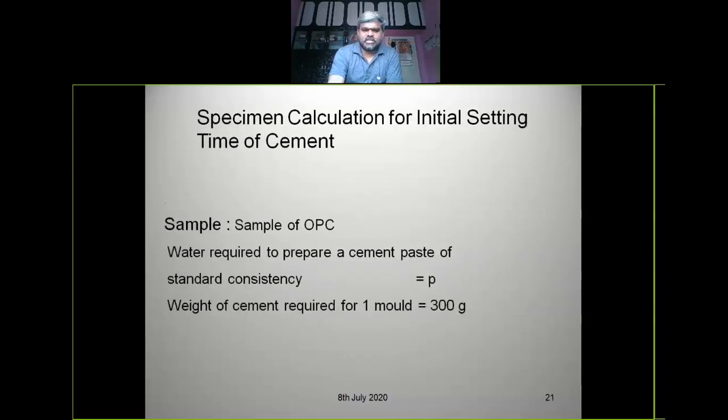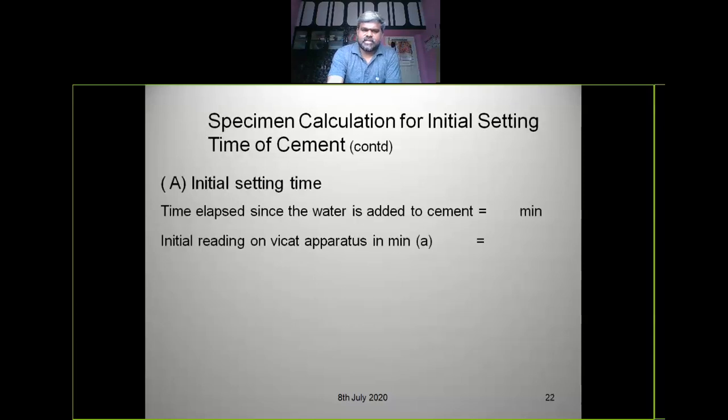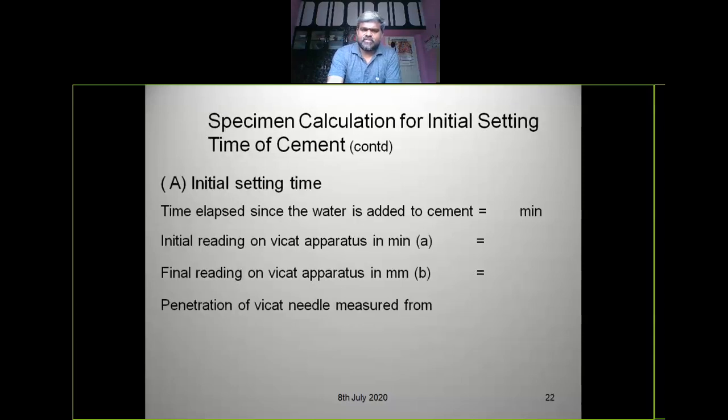So the calculation is done like this. Sample of OPC, water required for the cement paste, that is normal consistency or standard consistency, is P. So if you take the weight of cement as 300 grams, then 0.85 of P you can calculate like this. So initial setting time is recorded at different intervals.